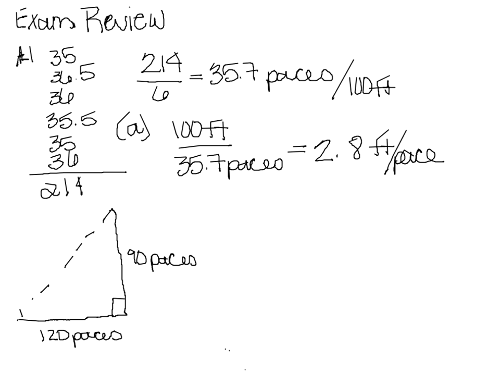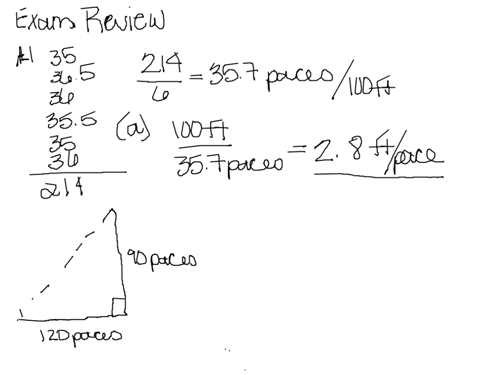So this 2.8 feet per pace is part A of question 1. The next part of the question, B, says, what is the length in feet of the third side of the parcel? We know that the first leg of the triangular parcel was 120 paces. The second leg was 90 paces.